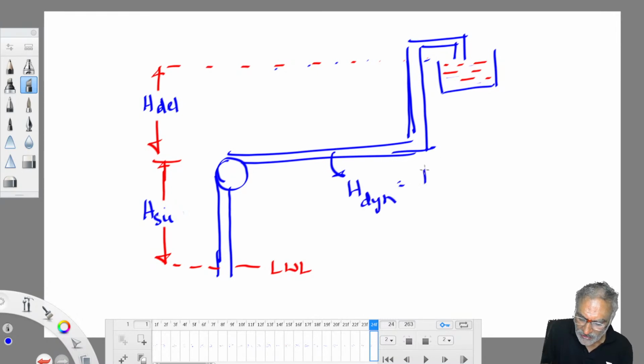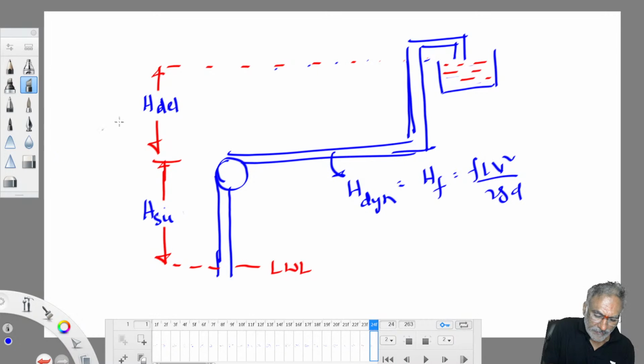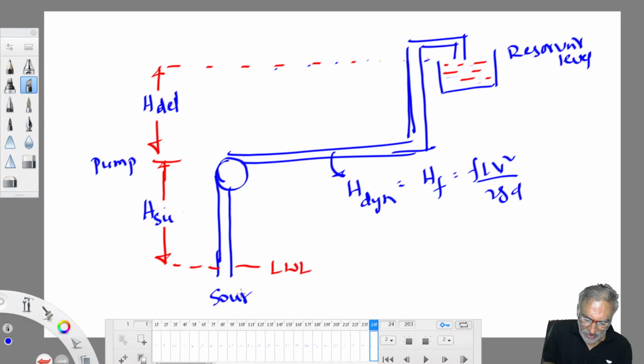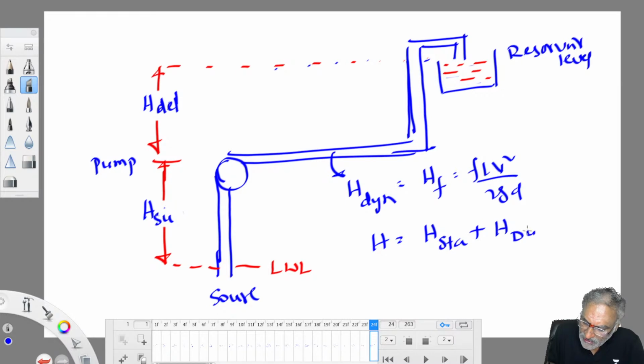H dynamic is the head loss due to friction, which is nothing but f L V square by 2 g D. H delivery is pump level to reservoir level, the highest level at the reservoir. This is the source, the lowest level at the source. So H is equal to H static plus H dynamic.